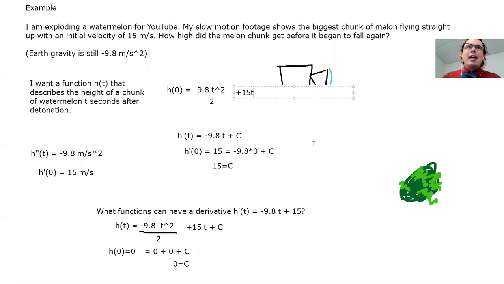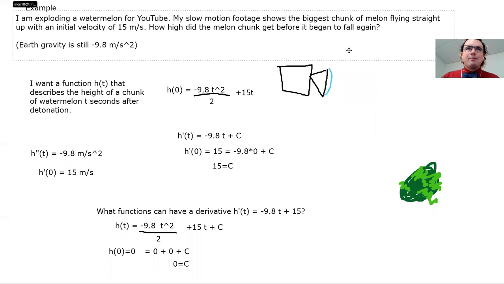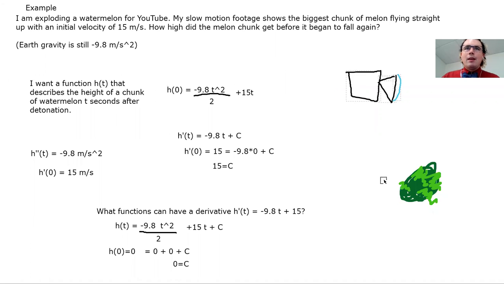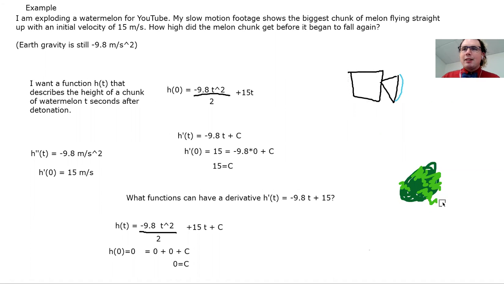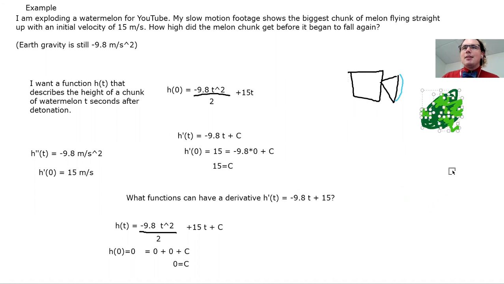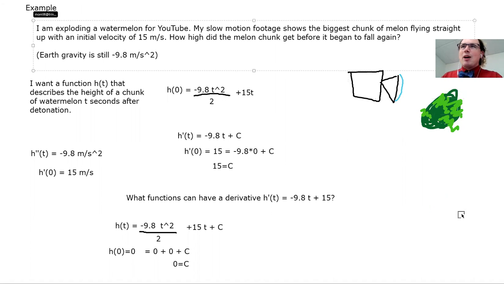The function that I care about is negative 9.8 t squared, all divided by 2, plus 15t. I'm trying to get rid of these pictures; I do not need them anymore.